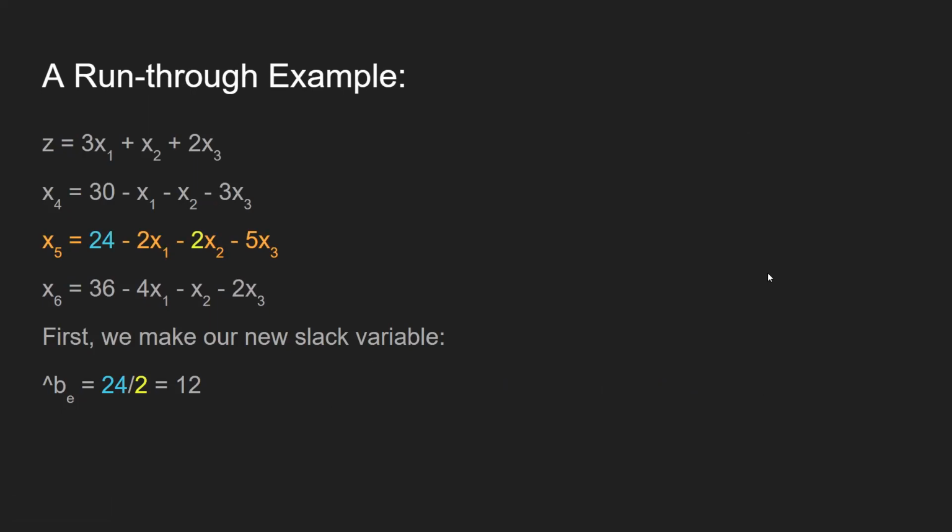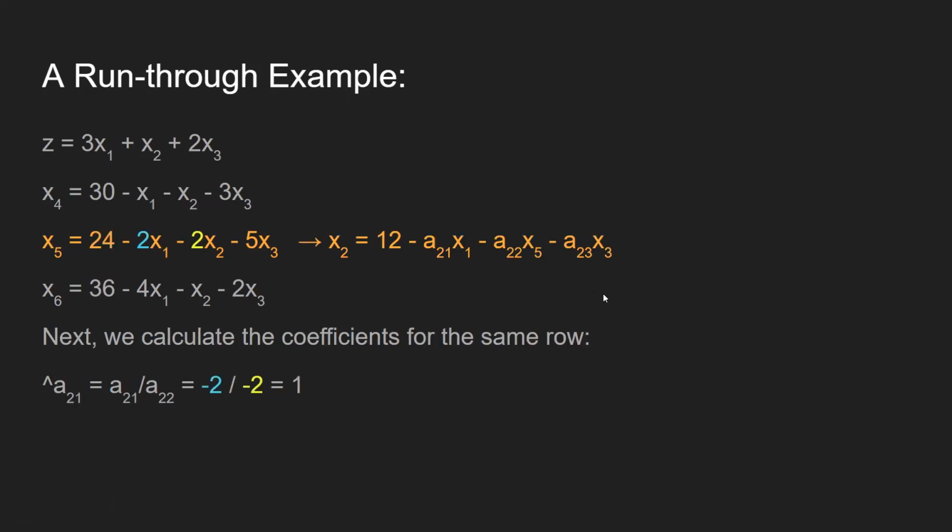So the first thing the pivot method will do is create a new slack variable for that line, and we'll grab the 24 and then divide it by 2, and we'll get 12 for the new slack. And then I sort of fill this in beforehand to see what's there.